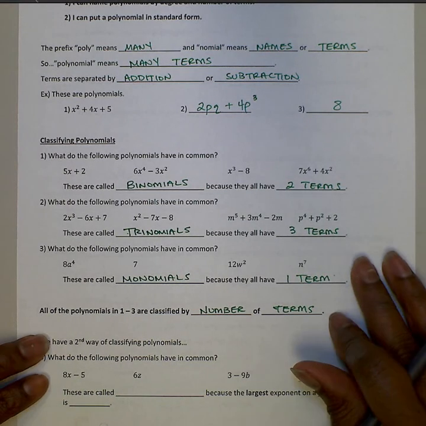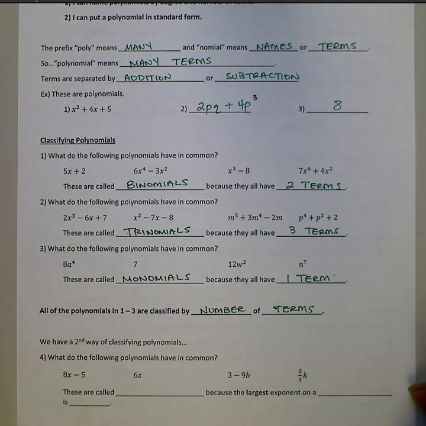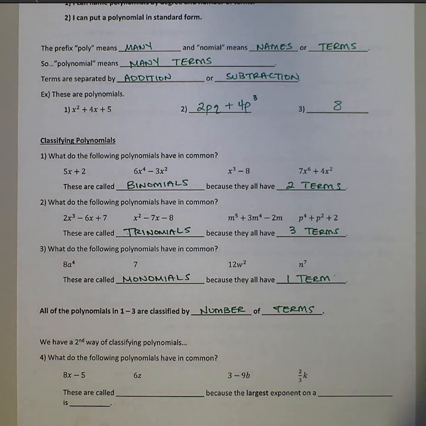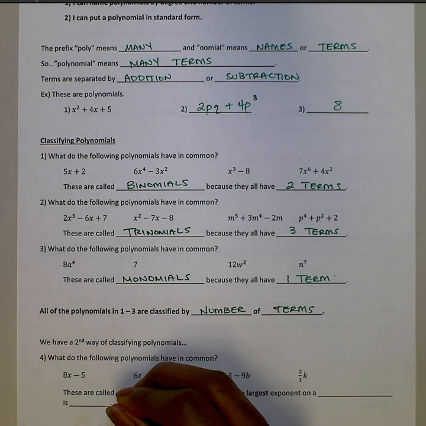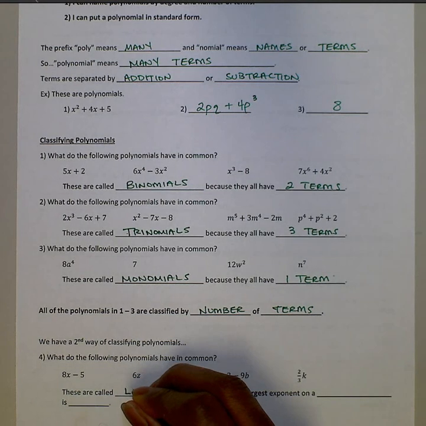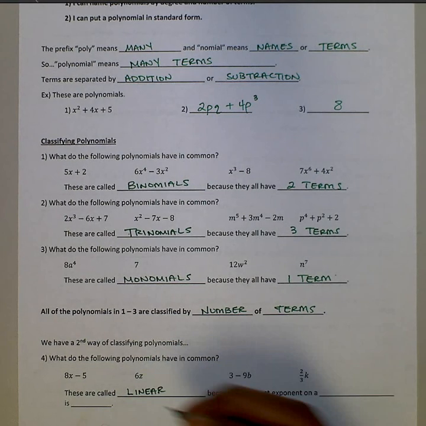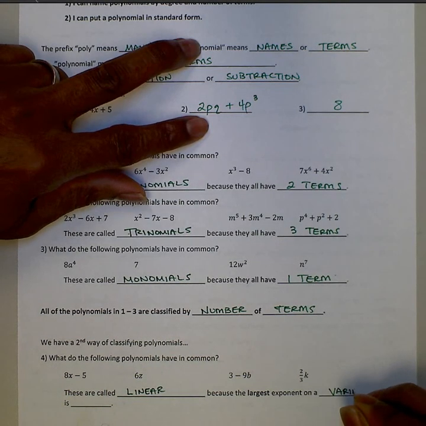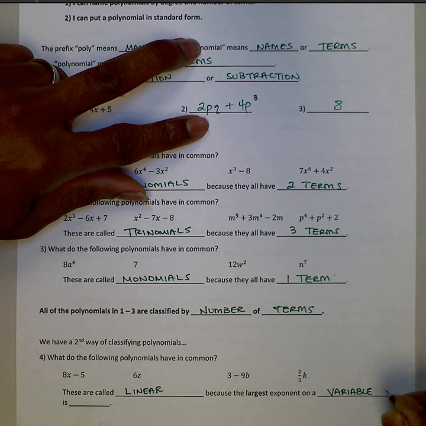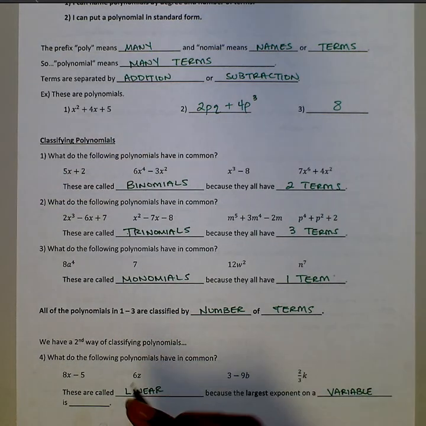Okay, now we just looked at classifying a polynomial based off the number of terms. We'll also classify polynomials based off of its degree. So 8x minus 5, 6z, 3 minus 9b, 2/3 k. Notice that these have different numbers of terms, but these are called linear because the largest exponent on a variable, really important to realize that we're talking about the exponent on a variable, not just exponent, is 1.